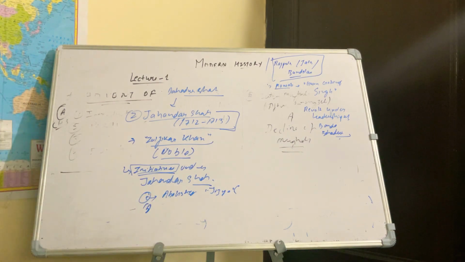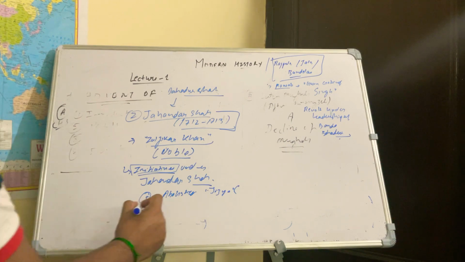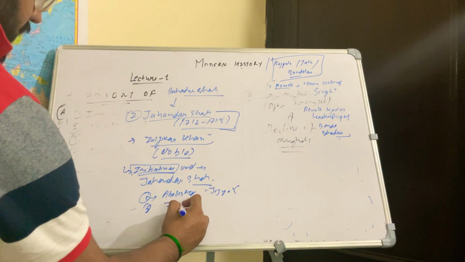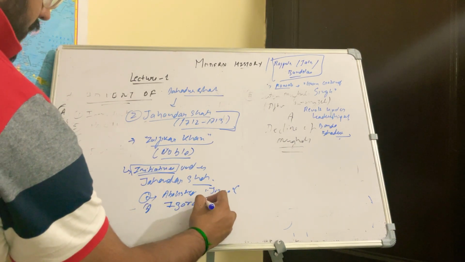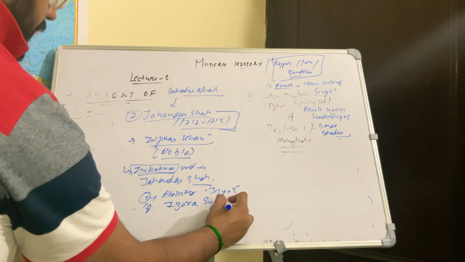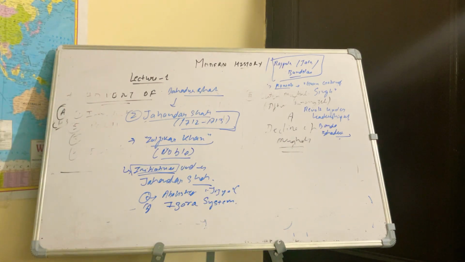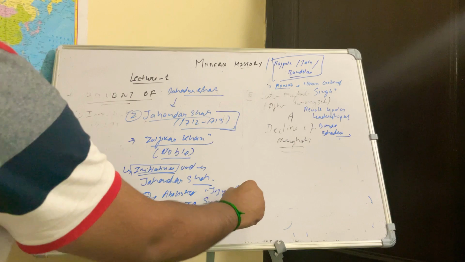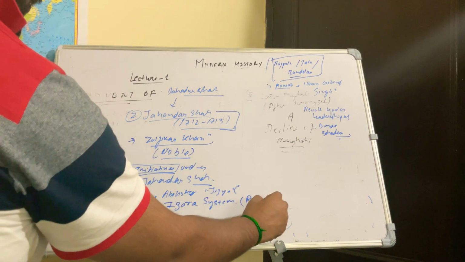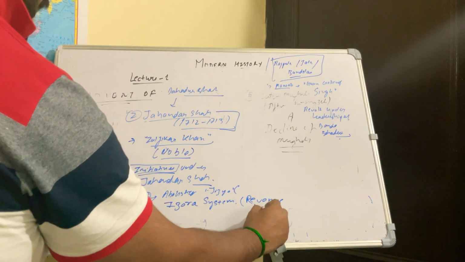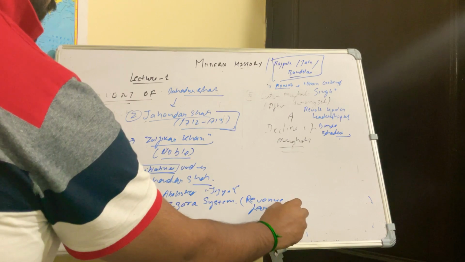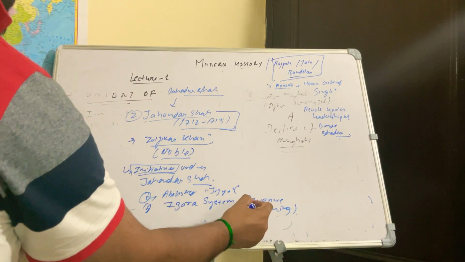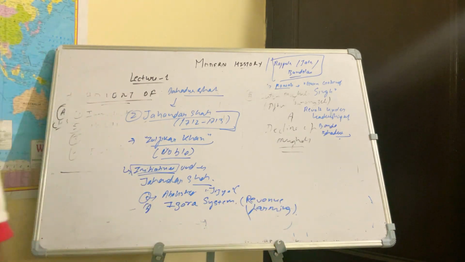Number 2, he started the Izara system, I-Z-A-R-A system, which is also known as revenue farming. So please write down some points on revenue farming.